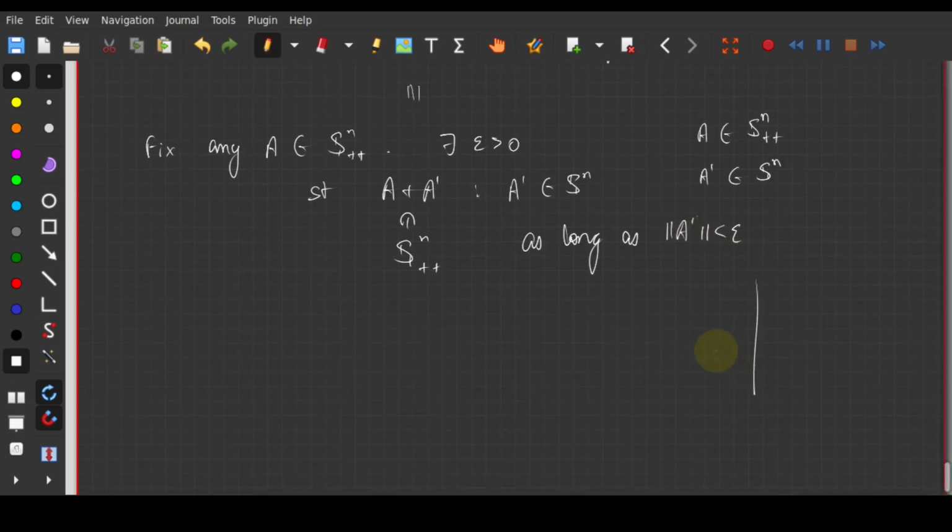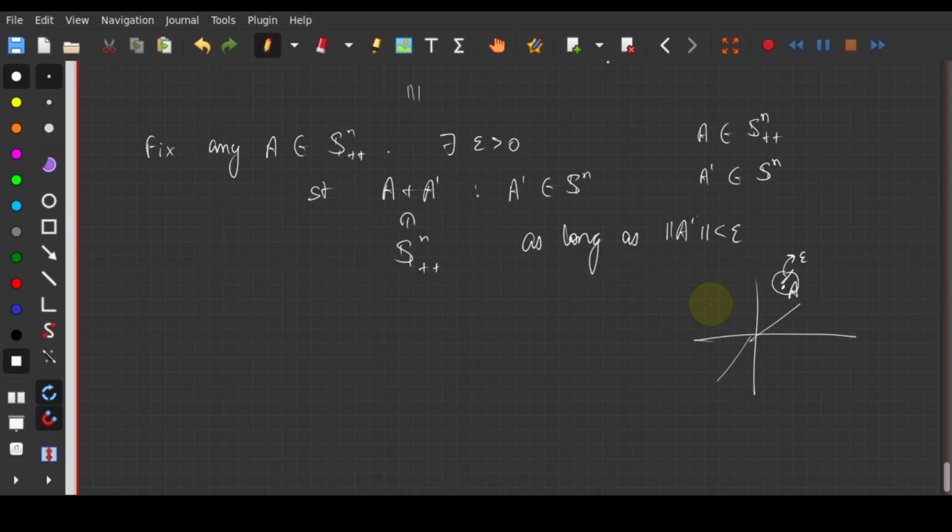Right? So basically, I'm picking a point A. Now, this is not in Euclidean space. You could think of it as Euclidean space, but now the metric is different. And I'm looking at a ball of radius epsilon around A. So the set of all positive definite matrices is going to be some weird set.